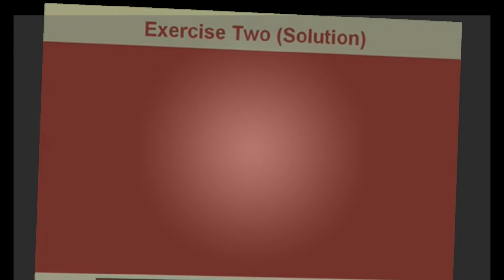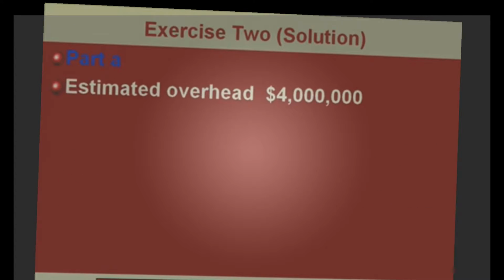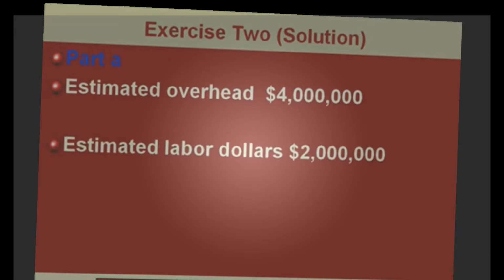Now, answer. Part A. The estimated overhead is $4 million. You decide to charge overhead using labor dollars. The estimated labor dollars is $2 million.